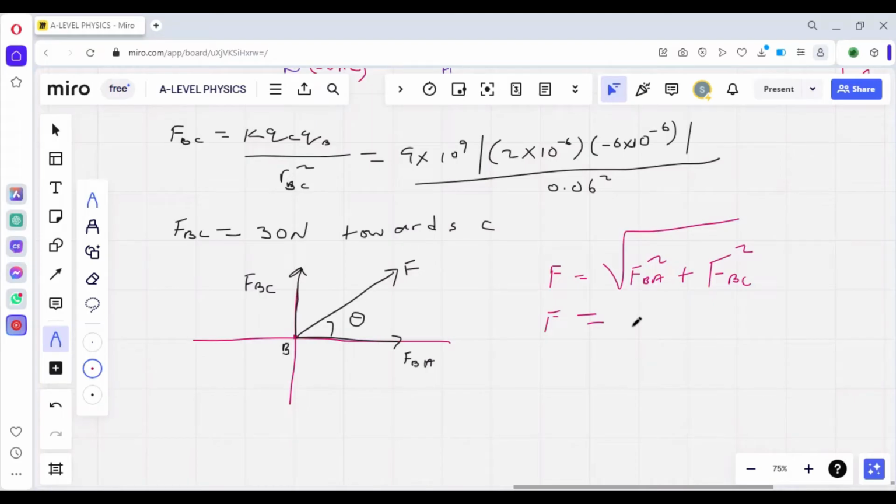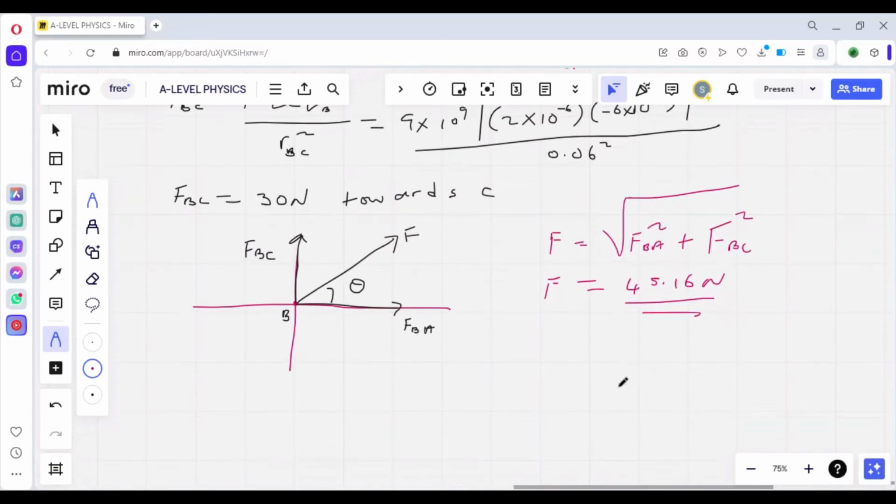So we have 3.75 squared plus 30 squared. Taking the square root of that, we have 45.16 newtons. So that will be the magnitude of the force.